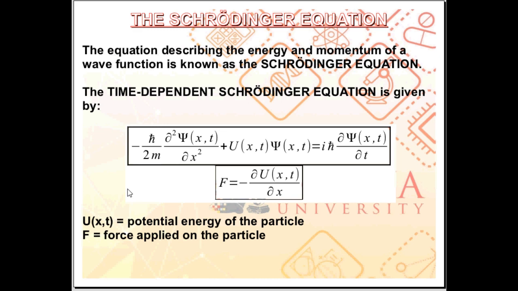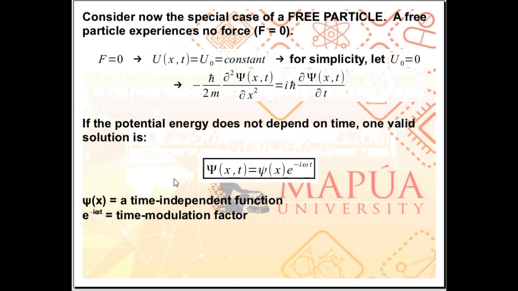In determining the wave function of a particular particle, we use the Schrodinger equation. Let us now consider the special case of the free particle. A free particle is a particle that experiences no force.